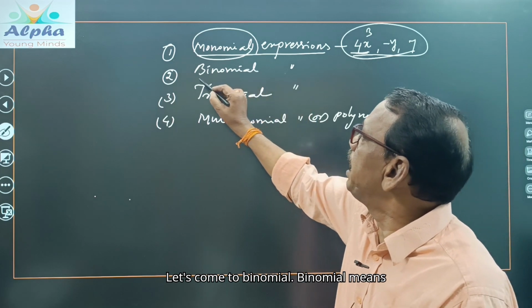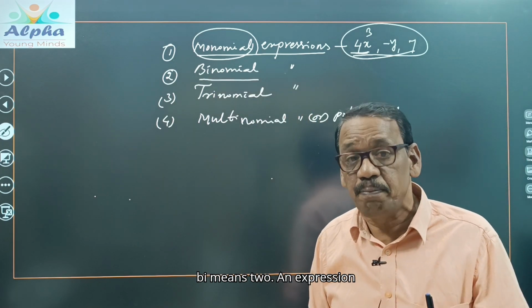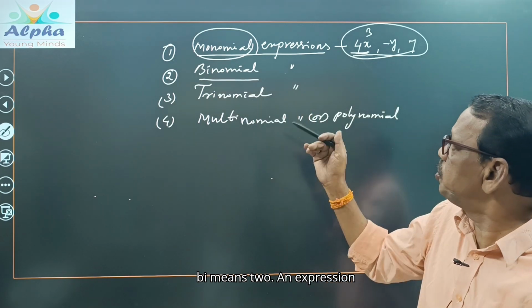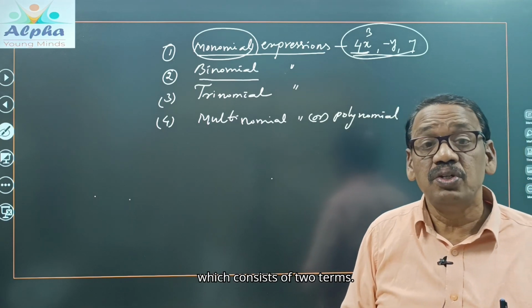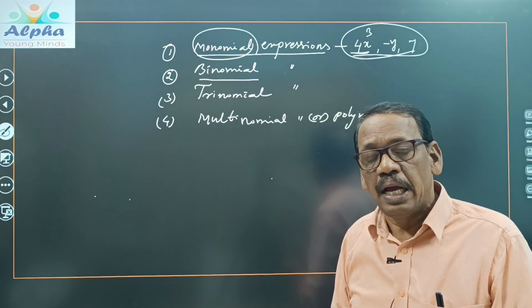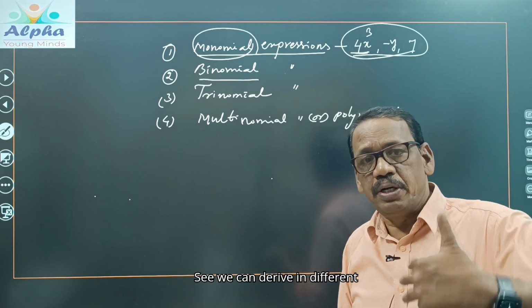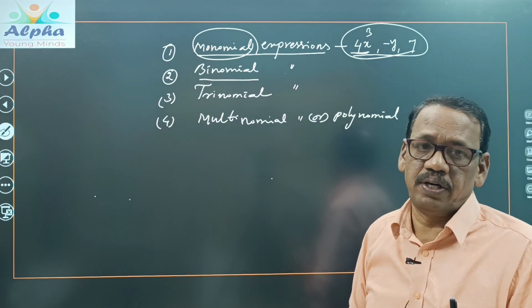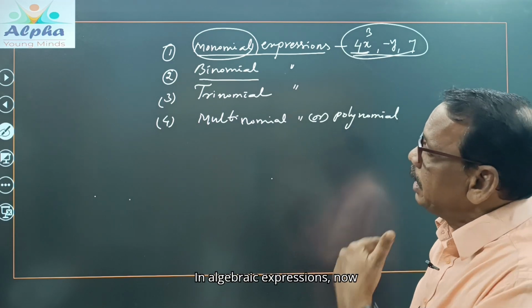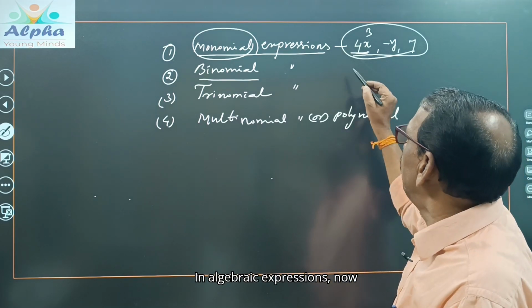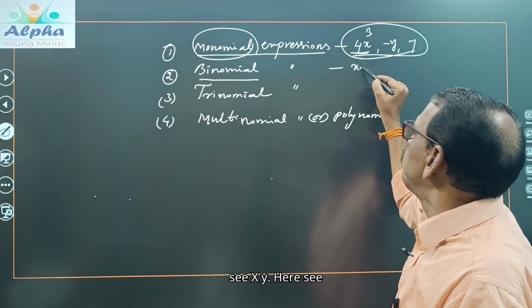Next come to binomial. Binomial, bi means two. An expression which contains two terms. Now see, x plus y.